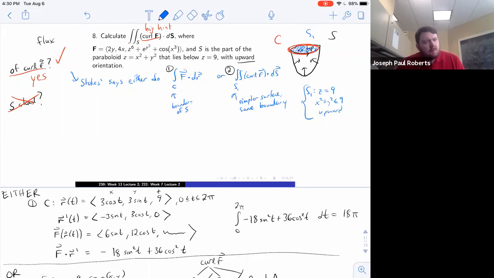For the 230 exams, it's been up there the whole time, but yesterday for the 232 sample exam solutions, I clarified which questions you need to worry about. The 230 final exam is a great starting point, but there are going to be 2 to 3 questions on each of those final exams that are outside of the 232 scope. But I listed on Canvas which questions you should focus on.